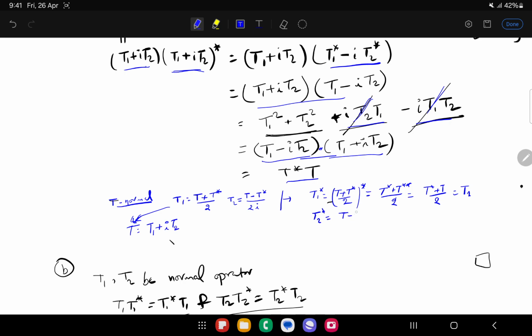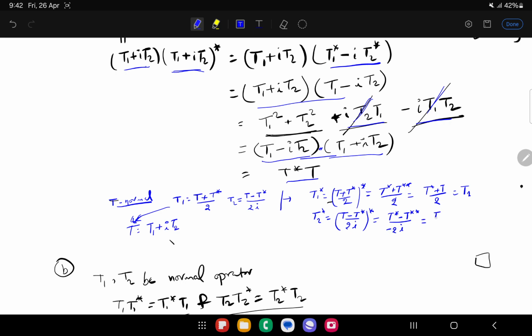t minus t star by 2i star. What are we getting? t star minus t star star, but the conjugate of i will become 2i minus 2i, sorry.